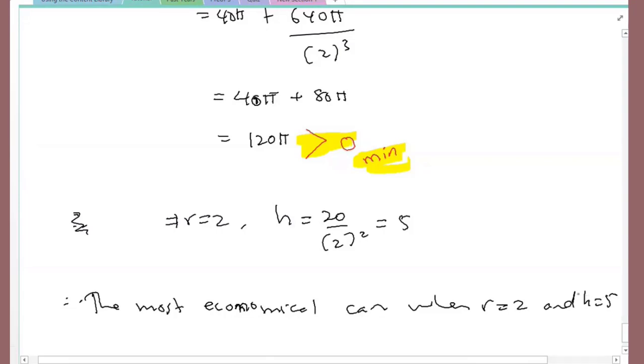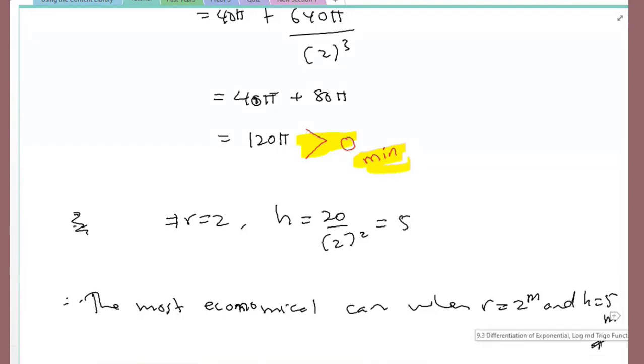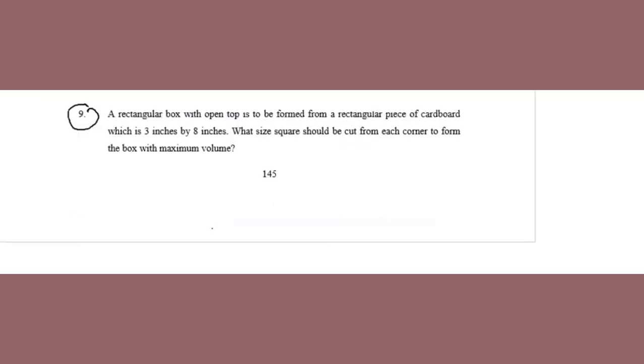Okay, check answer. Okay, so now using the meter. Okay, settle lah. Dia find R and H. So settle for number 8. And this one number 9.